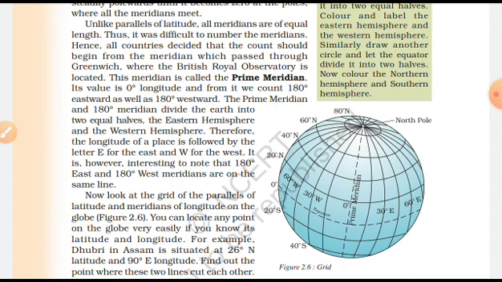Its value is 0 longitude, and from it we count 180 degrees eastward as well as 180 westward. The prime meridian and 180 meridian divide the earth into two equal halves.